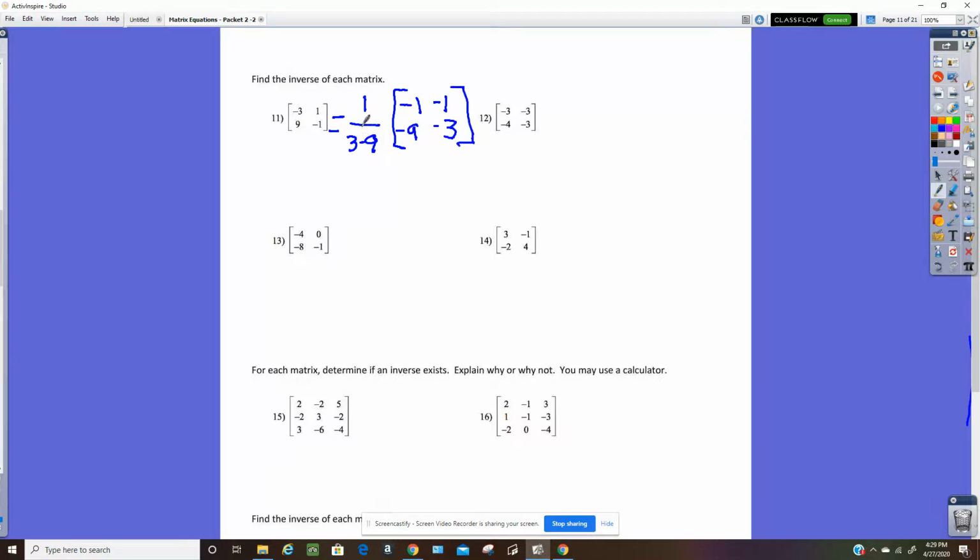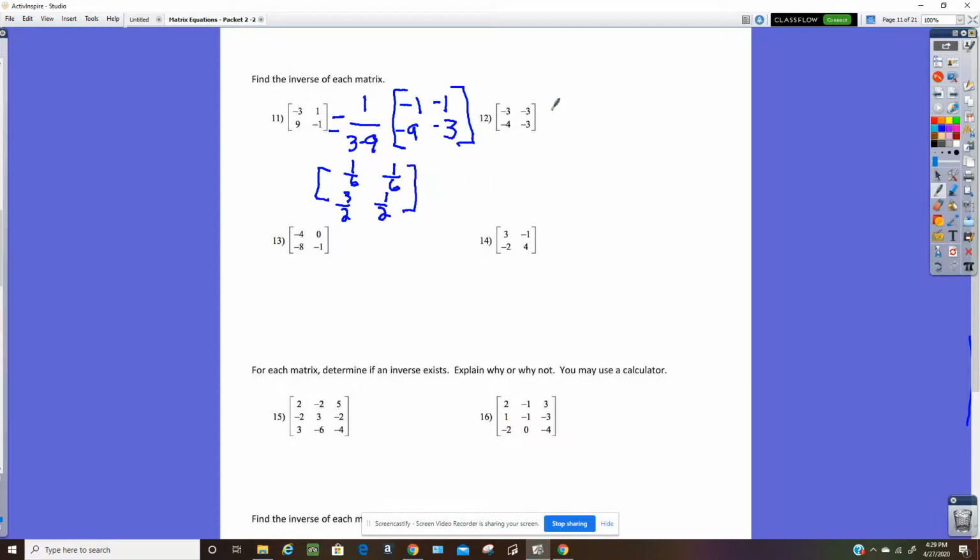So I get negative 1/6, so 1/6, 1/6, 9 over 6 would be 3/2, and then negative 3 over negative 6 is 1/2.